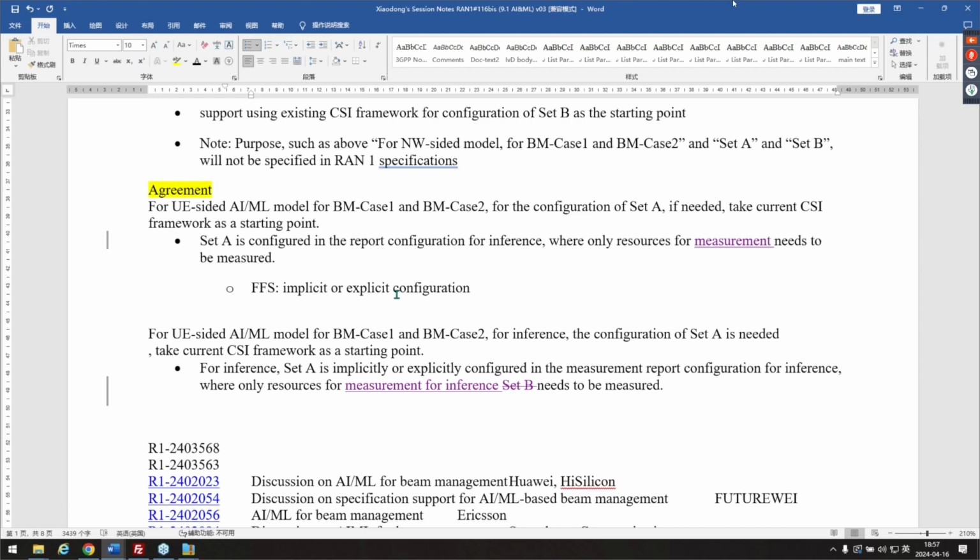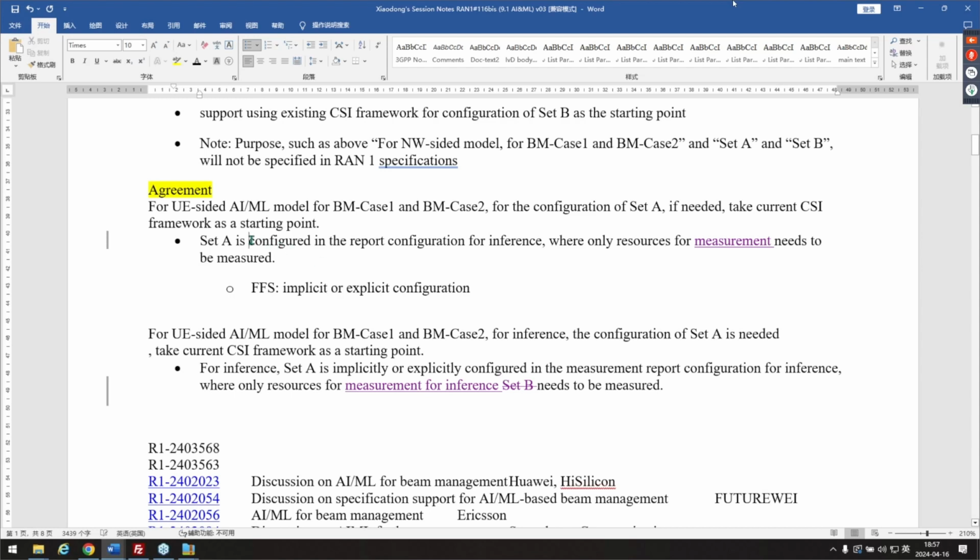Whether implicitly configured is valid. Implicitly configured in the report. So it means implicit anyway could be supported, right? If only implicitly, there is no need to be configured in the report. That's the point.